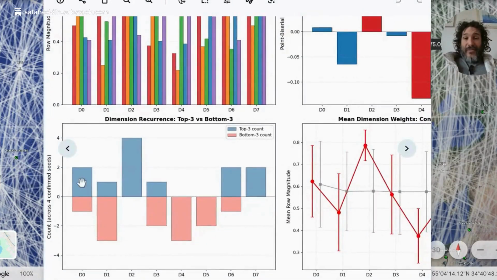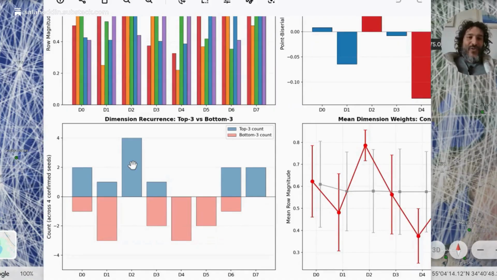The blue bar going up shows how many of the 4 confirmed projections have each dimension in their top 3 strongest, and we can see dimension 2 is the strongest. It's in the top 3 for all 4 confirmed projections. A perfect 4 out of 4.